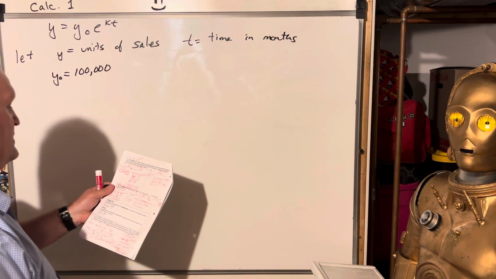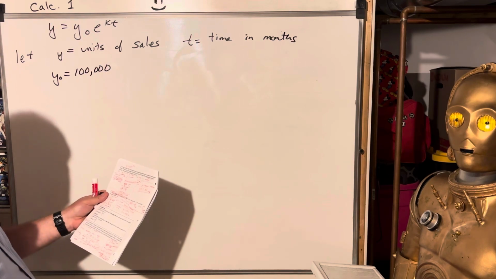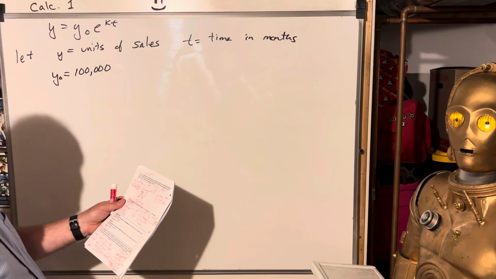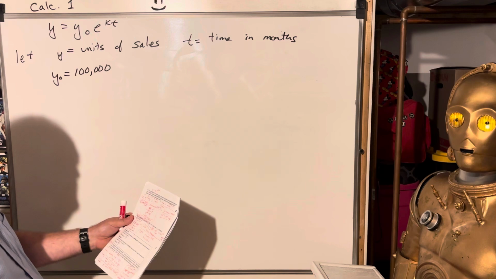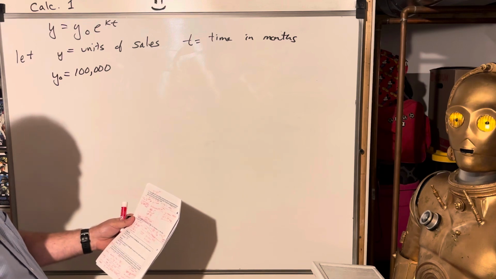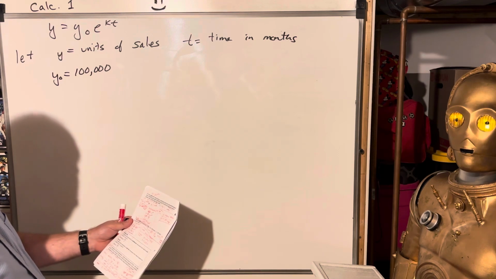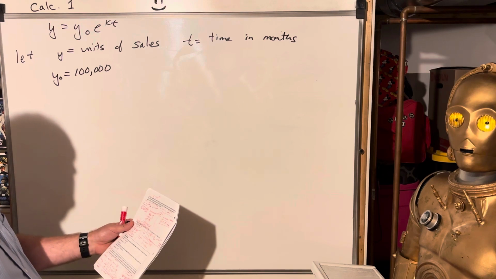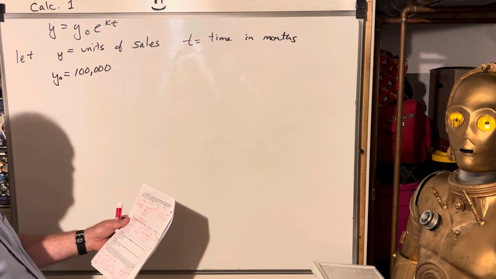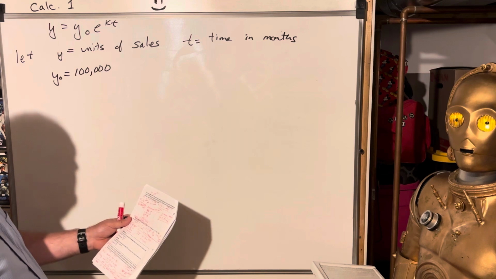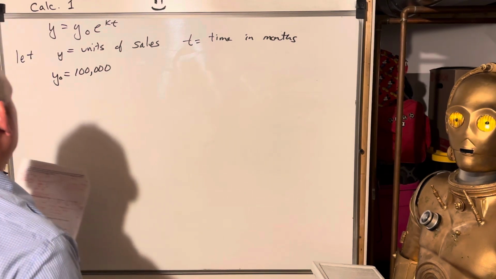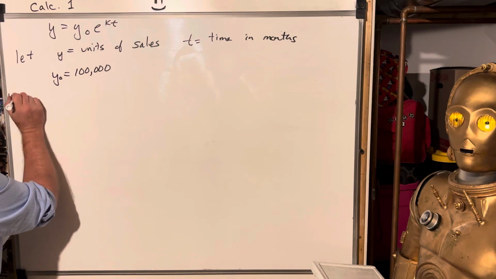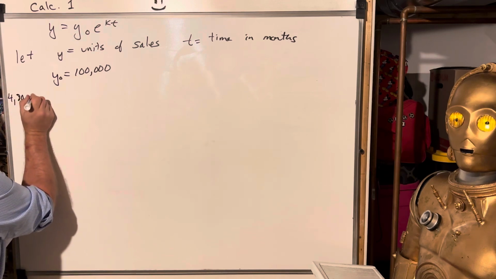And then we also know after 4 months, it was down to 80,000. 4 months after it stops advertising. So 4, comma, 80,000 is a point.